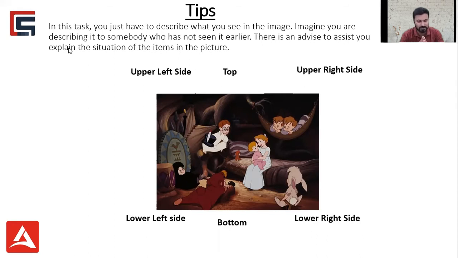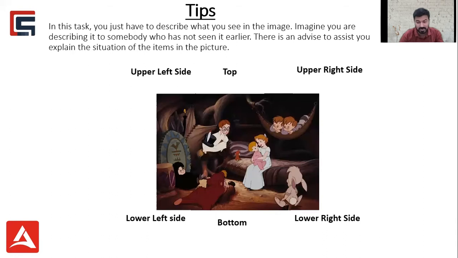For example, in this image, on the upper left side there are certain objects, and at the top of the image there is a different object. I see an umbrella hanging on the upper left side, and at the top, a branch of a tree.